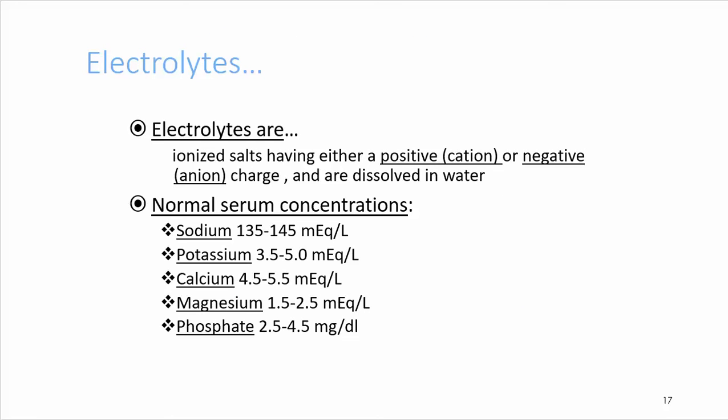So when we look at the electrolytes, they are the ionized salts, the cations and the anions, as I've said, dissolved in water. And the normal concentrations are exactly what you see here. It's probably a good idea to be familiar with at least these main five, because these are the ones that we have the most clinical problems with: sodium, potassium, calcium, magnesium, and phosphates.